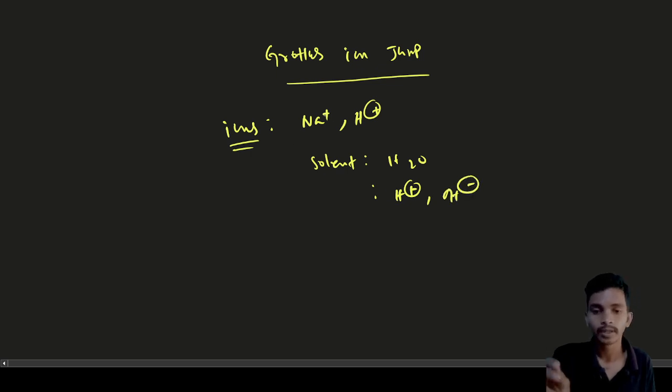It means whenever you compare ions where the solvent contains the same ion, that ion always has more ionic mobility than the other ions, because of ion jumps.